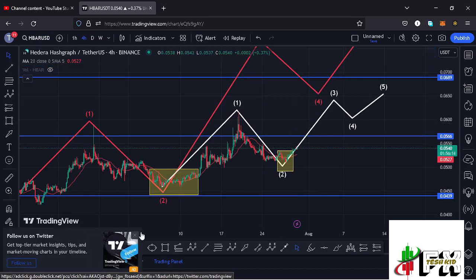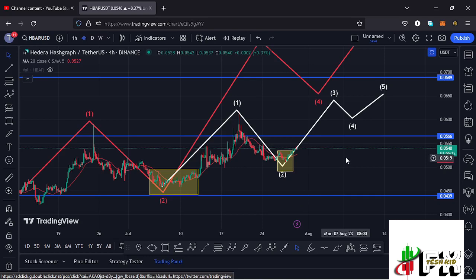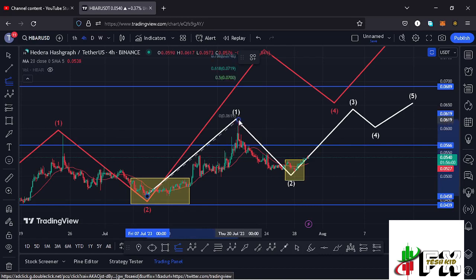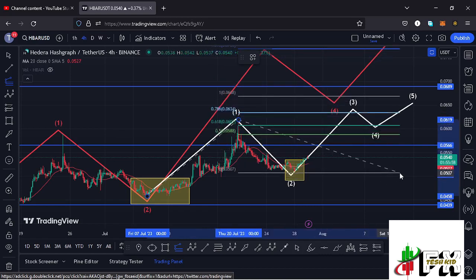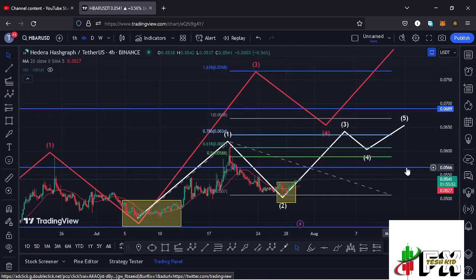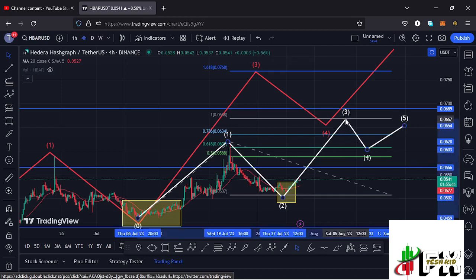And in that move, we should see Hbar get above the $0.06 mark, and giving you the minimum target areas for that wave 3 by connecting the trend-based Fibonacci from the low of the first wave to the high of that wave 1, then dragging the fibs to the low of the second wave, I have a minimum target area at the fib level 1.618, and that is at around the $0.0768 mark, or maybe we can work with the 1-to-1 fib ratios at around the $0.0688 mark.